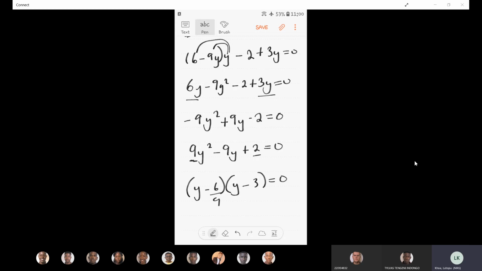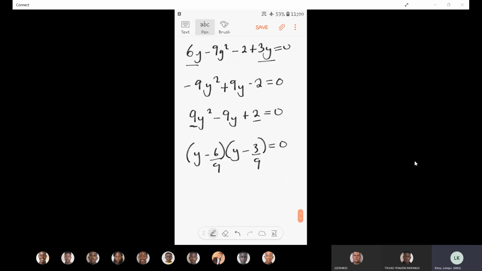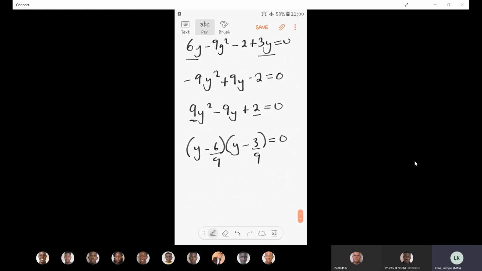Then I divide by 9. Then I simplify the fractions as far as possible before I take the 9 over. So this is y minus 2 over 3, y minus 1 over 3. This is 0. And then I have 3y minus 2, 3y minus 1. This is equal to 0.